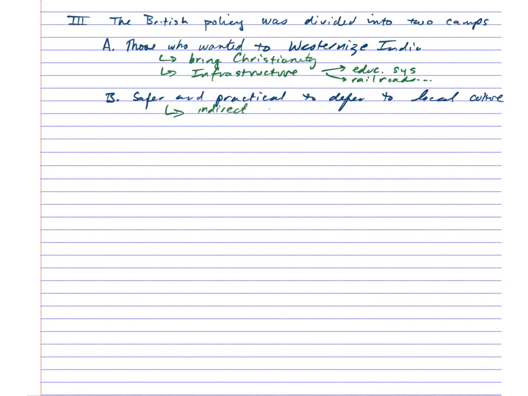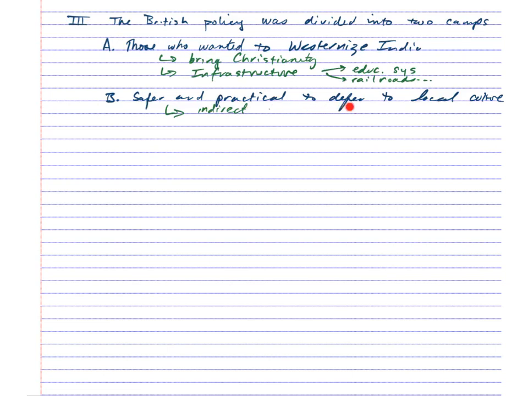And by infrastructure, we mean basically the benefits, so to speak, of the Industrial Revolution, bringing an educational system, bringing railroads and other utilities into India.